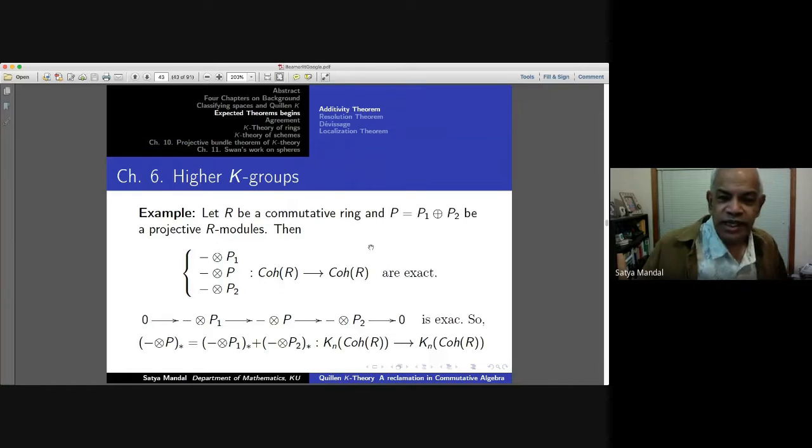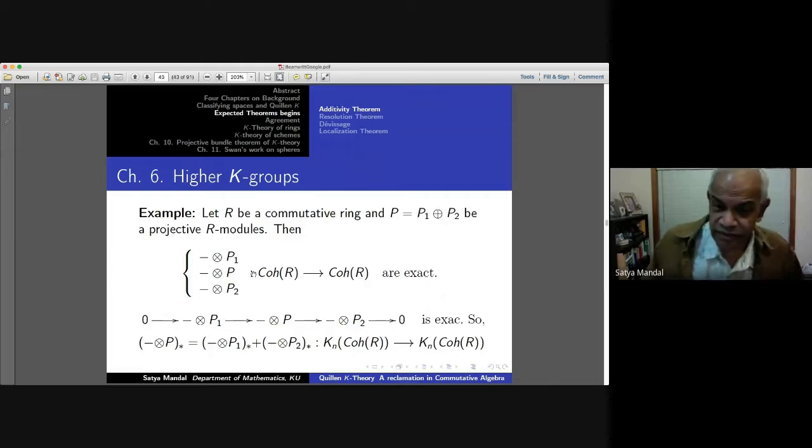Okay, so you take projective modules P1 and P2, 2 projective modules, and P the direct sum. Now, if you look at the category of finitely generated modules, which I denote by COH R, there are 3 functors.